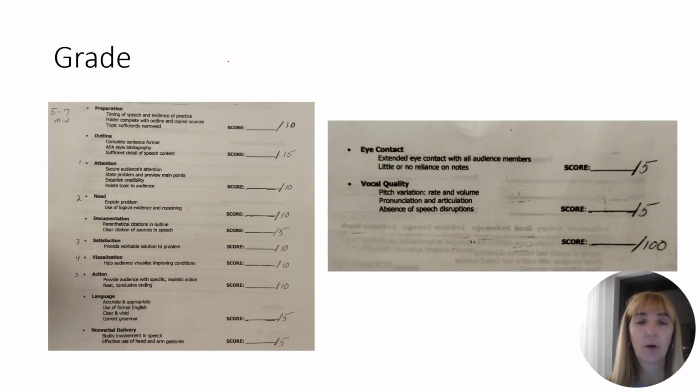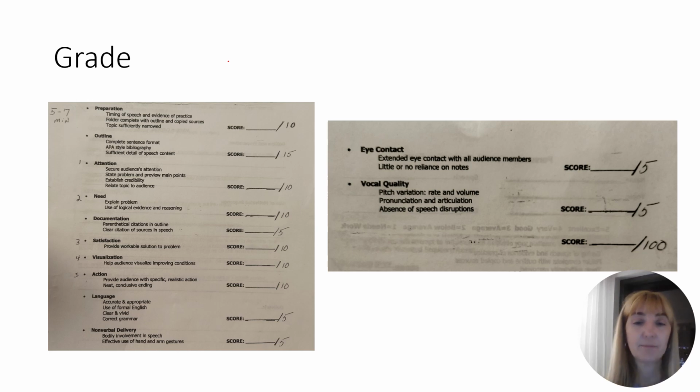Okay, so we've gone through criteria. This is really like the grade rubric. So as you can see in there, there's the specific aspects of Monroe's motivated sequence that I want to see in there. Attention, need, satisfaction, visualization, and then action.